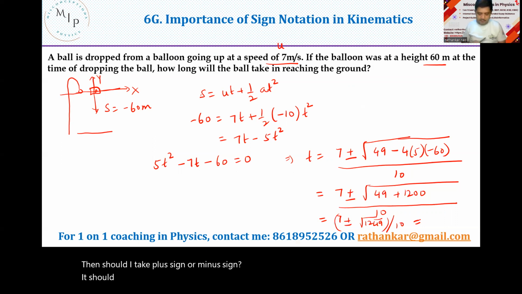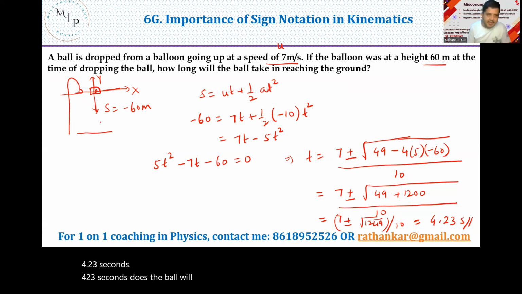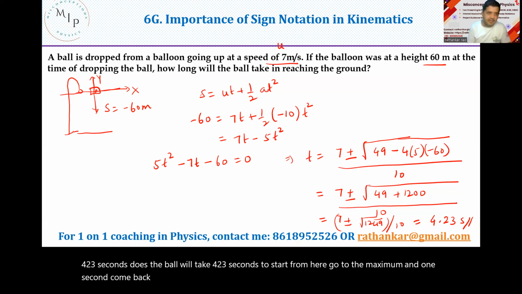It should be only the plus sign. So you will get the answer as 4.23 seconds. Does the ball take 4.23 seconds to start from here, go to the maximum, and once again come back to the ground? It takes such a long time.